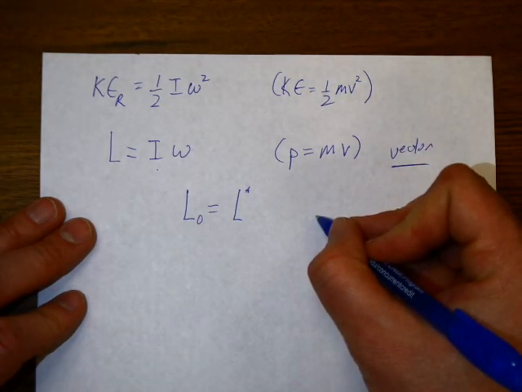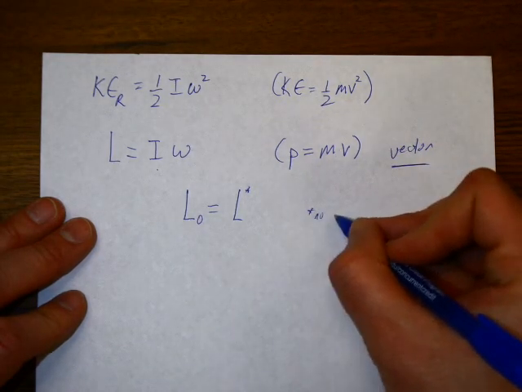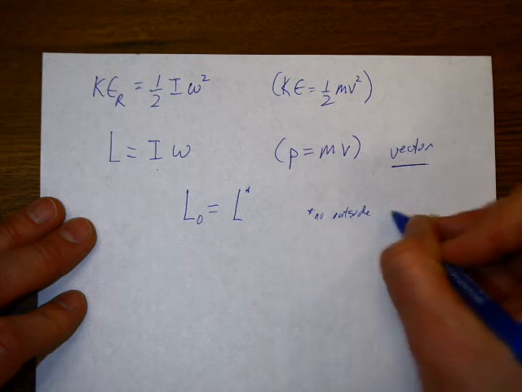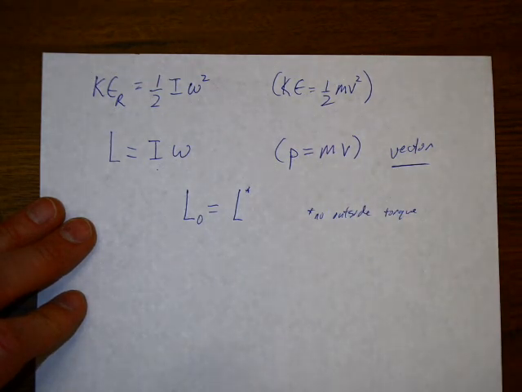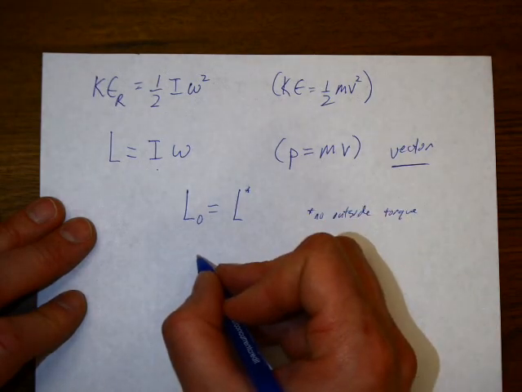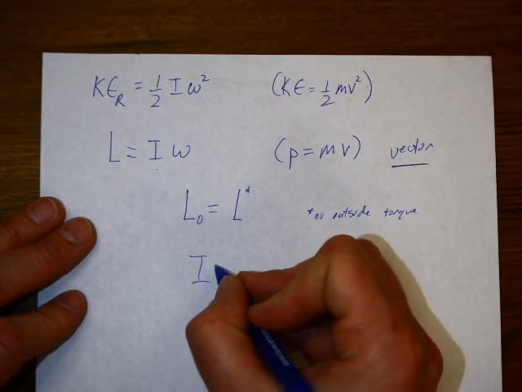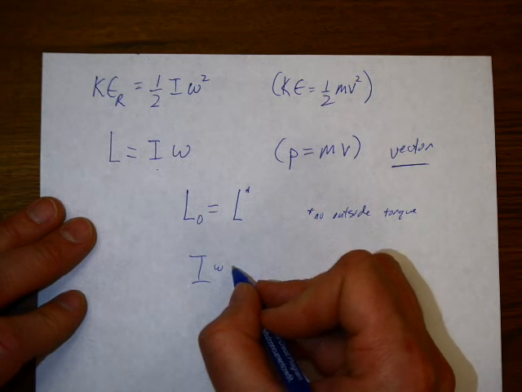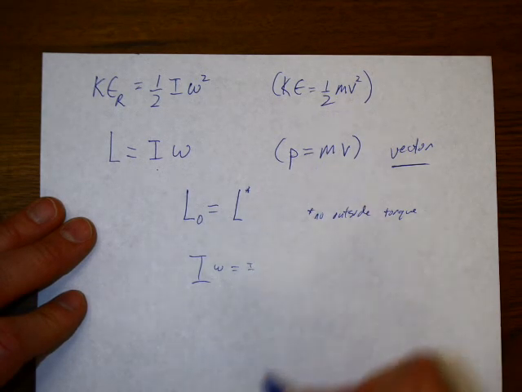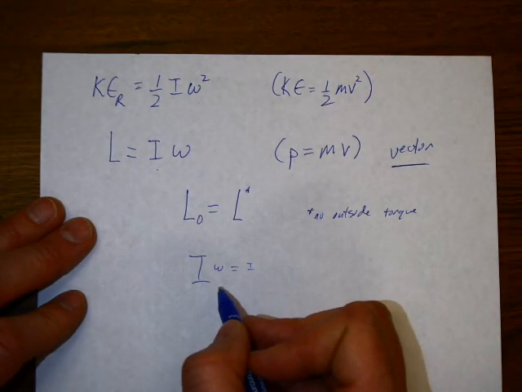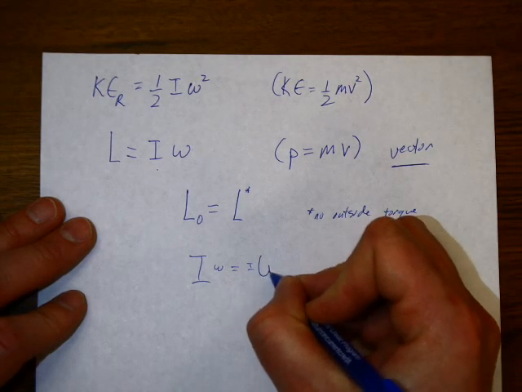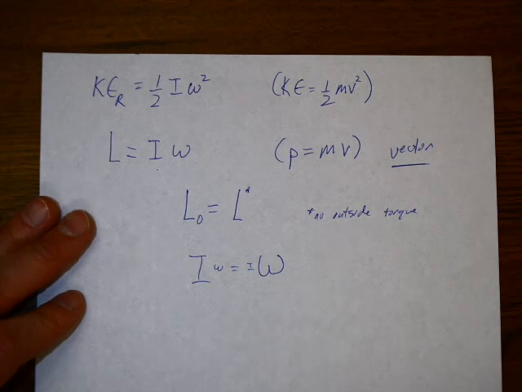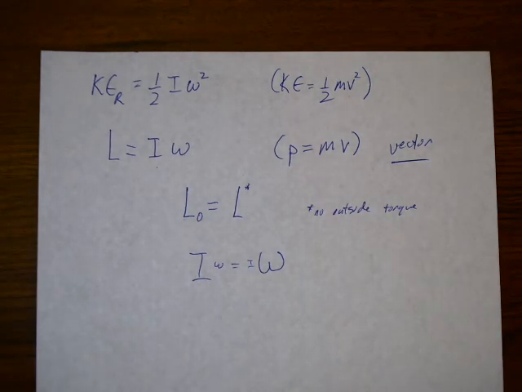As long as there's no outside torque that changes it, then it's conserved. And typically that led to problems where we did like moment of inertia times rotational velocity equals a new moment of inertia times a new rotational velocity, like a gymnast doing a flip. They tuck up and lower their moment of inertia, so that raises their rotational speed to make up for it. And that is that.